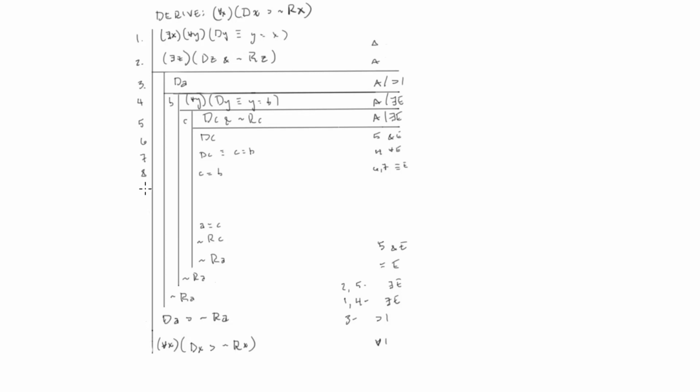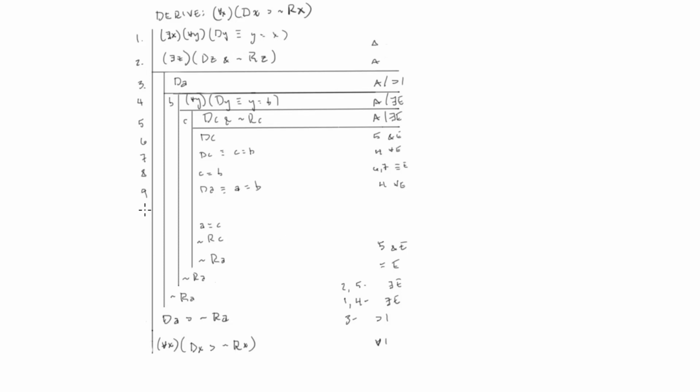So here on line 9, we're going to go back to line 4, to universal generalization. It's an inexhaustible source of instances. We could just instantiate all day. So we're going to drop the quantifier and instantiate this time to the name A. DA ≡ A = B. That's again from line 4, universal elimination.